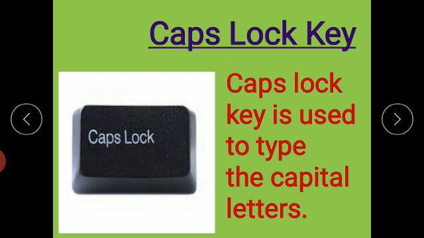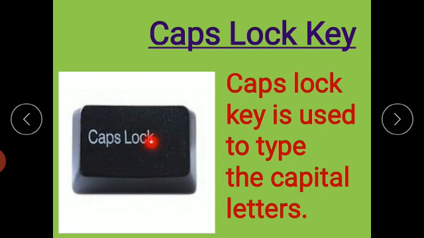But if you press the caps lock key again, it gets off. When you press it again, the light gets off and the typed letters start appearing in small letters on the monitor.